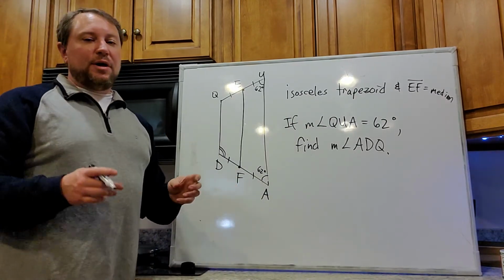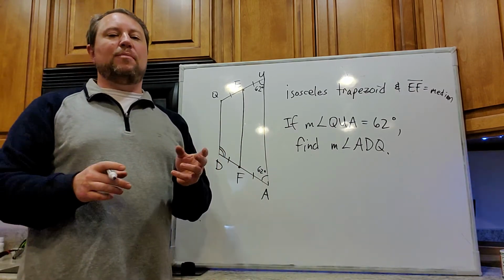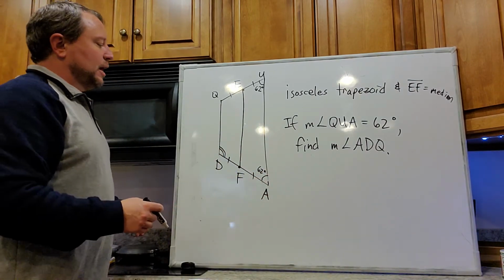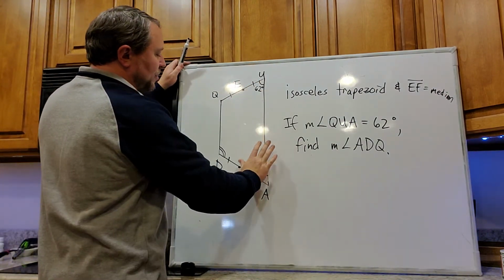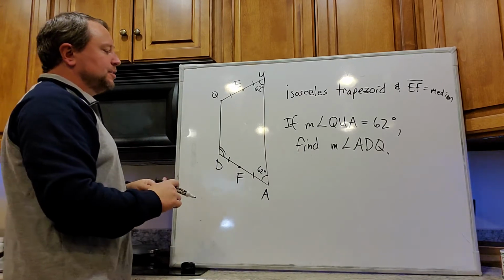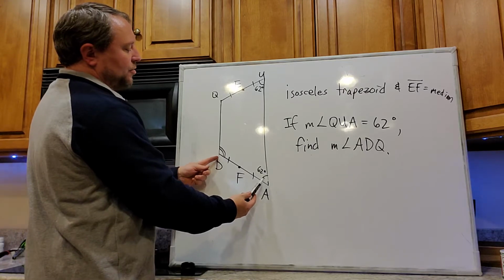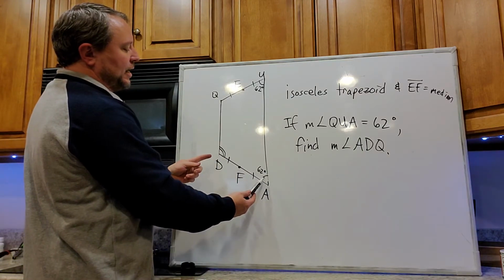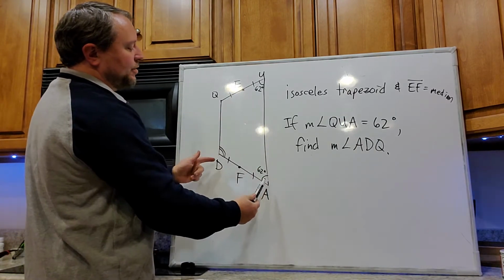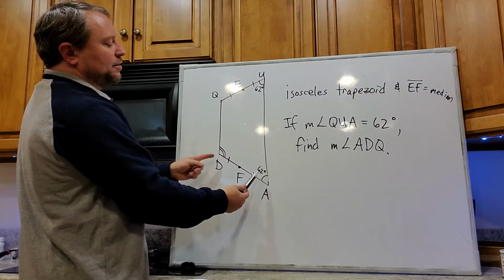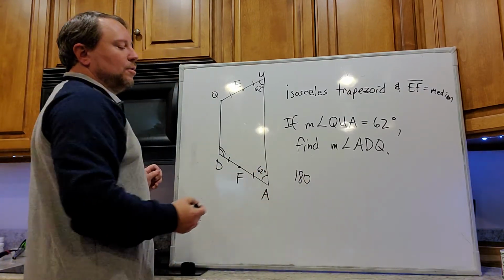But then we also had one other idea today that was not a theorem, but was true about all trapezoids. And for this problem, we could ignore this median, by the way. In all trapezoids, the two angles on the same leg, the one I want to find and the one I already know down here, 62, are in between parallel lines, so that makes them same side interior angles, and that means they should add up to 180.